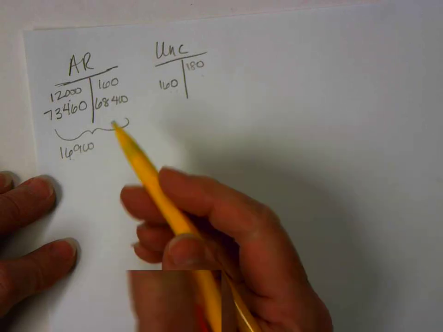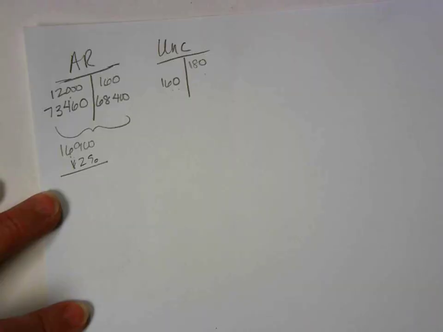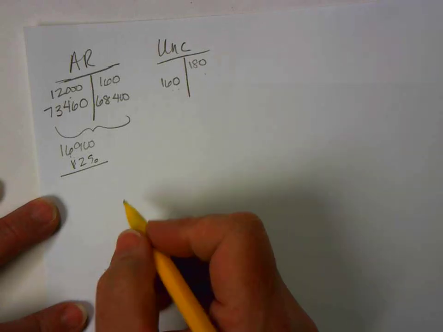Okay, so now I'm at the end of 2017. I need to figure out what my new allowance is going to be for the next year based off 2%. They told us 2%. 2% of 16,900 is $338.